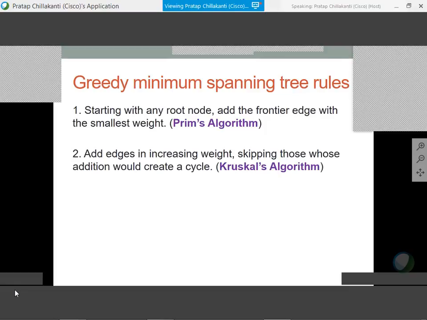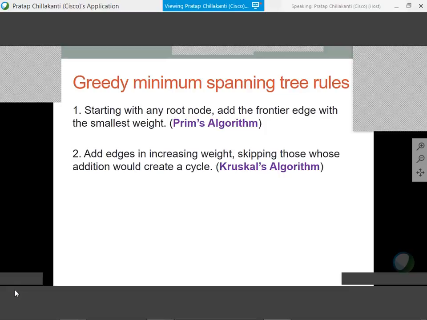And then, Prim starts with a node and then goes with the edges, right? Whereas Kruskal puts all the edges in increasing weight order. So it starts with an edge. Then every vertex, we call it a forest, right?